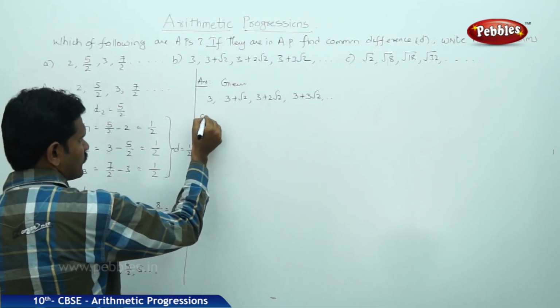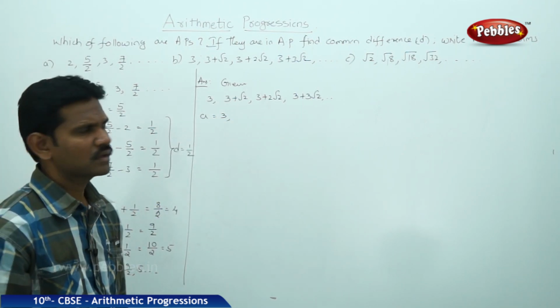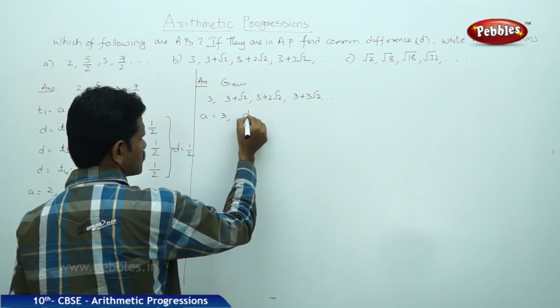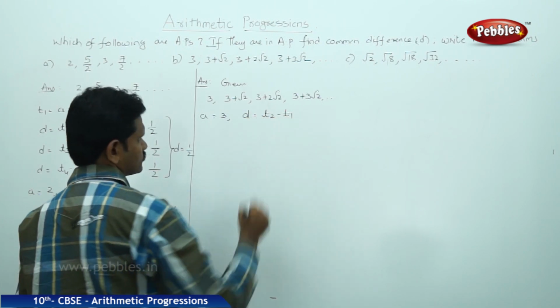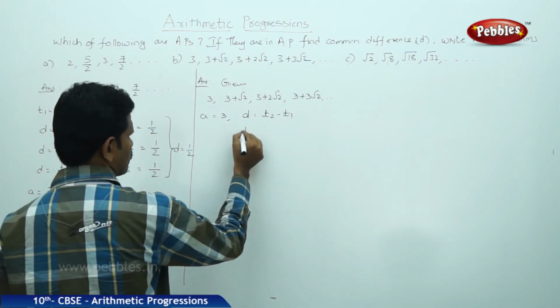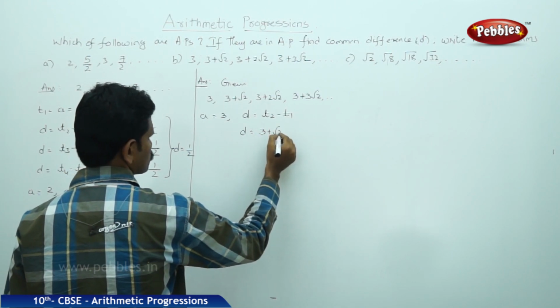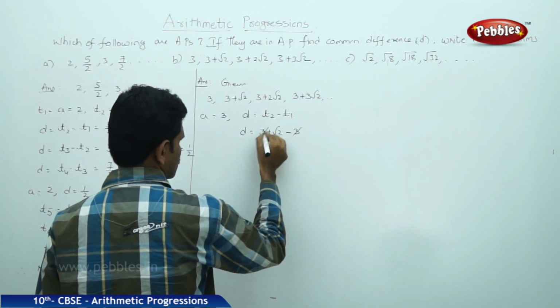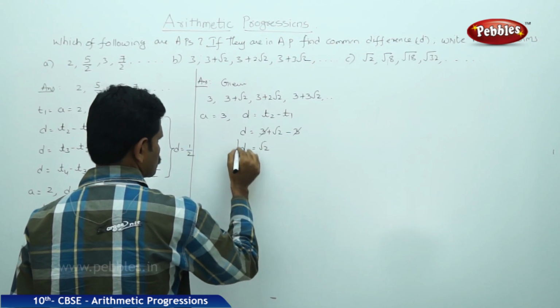Here A value is 3. The common difference D is equal to the formula T2 minus T1. Now let us find the first common difference. D is equal to T2, 3 plus root 2 minus 3. 3 gets cancelled. That is, common difference is root 2.